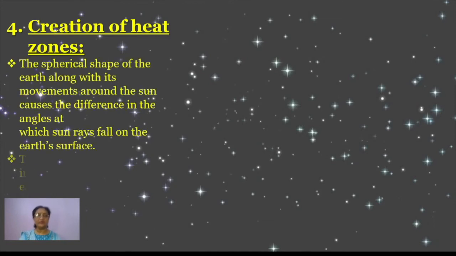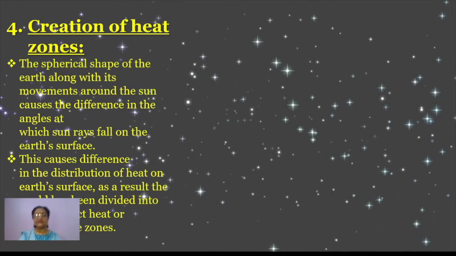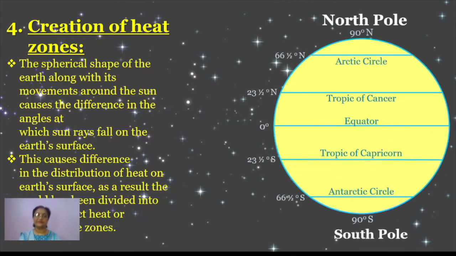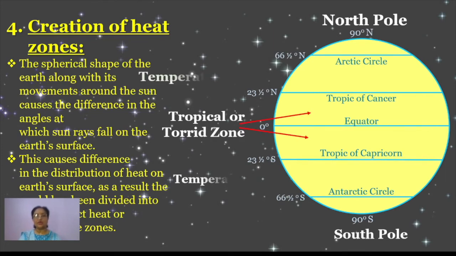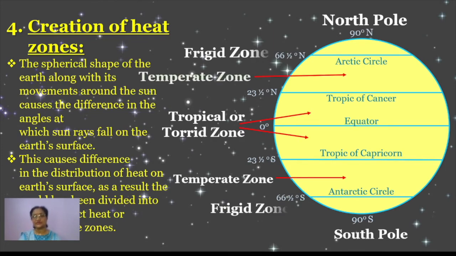Then one more thing we can say is the creation of heat zones. You all know about the heat zones, you have studied about it. Now, what are the different heat zones? And how do we know that this is frigid zone, temperate zone, or torrid zone? This is basically caused again because of the revolutionary movement of earth.